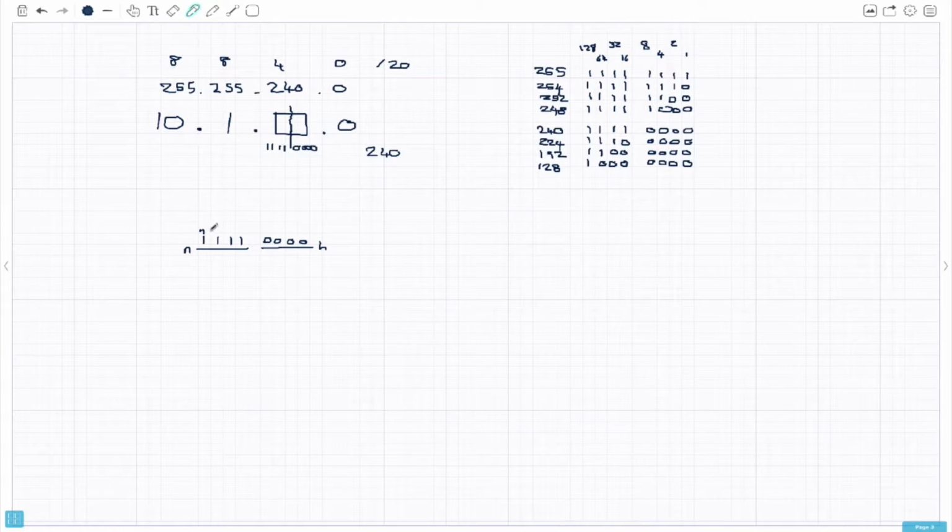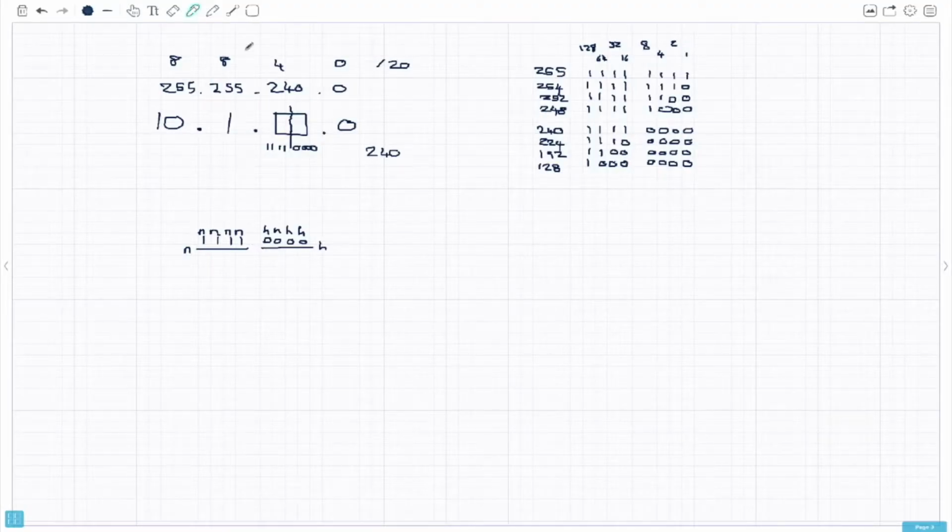These are all little subnet bits, and these are all little host bits. I'm going to use technology, and put a line down the middle, just like that, to separate the network from the host.